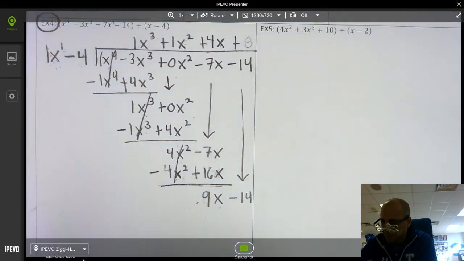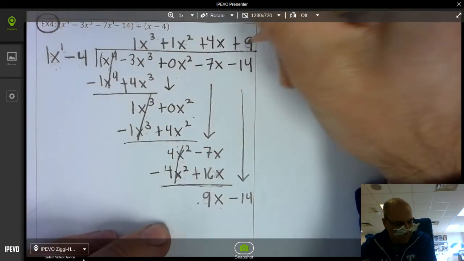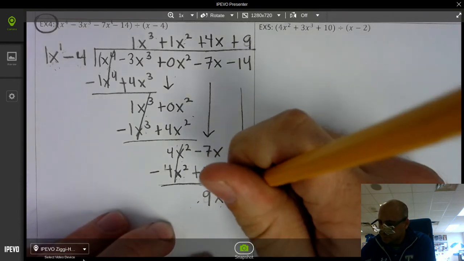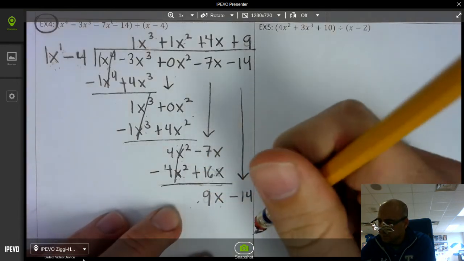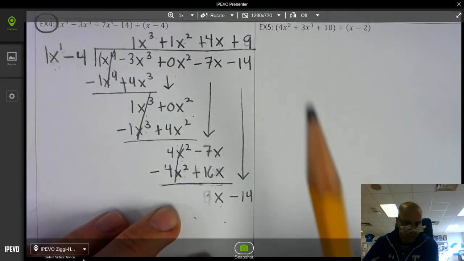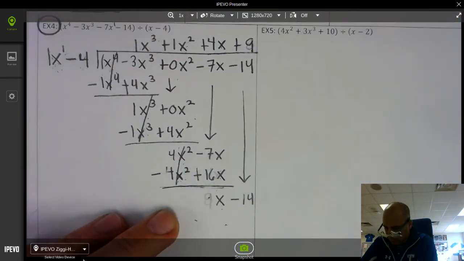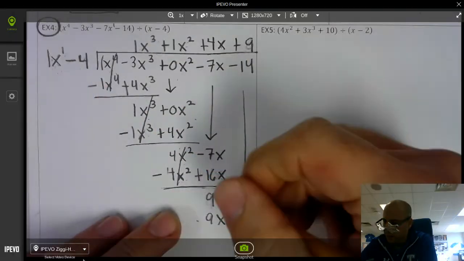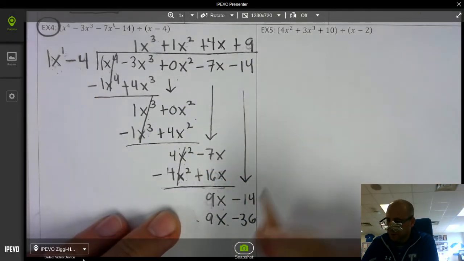So now 9 times 1x is 9x. 9 times negative 4 is a negative 36.